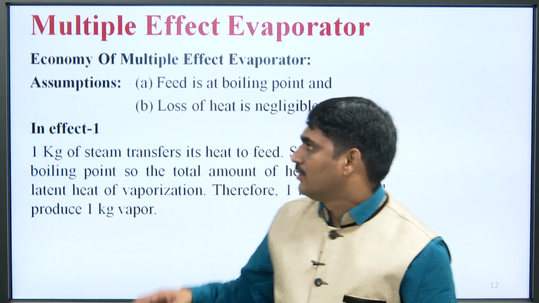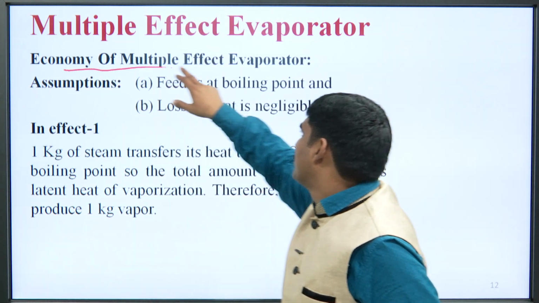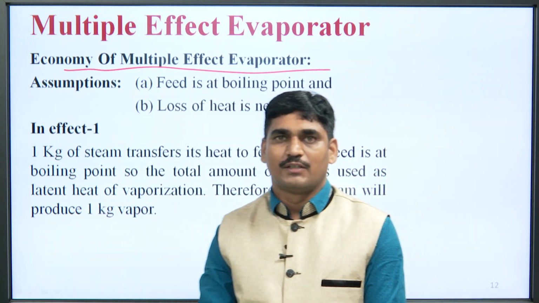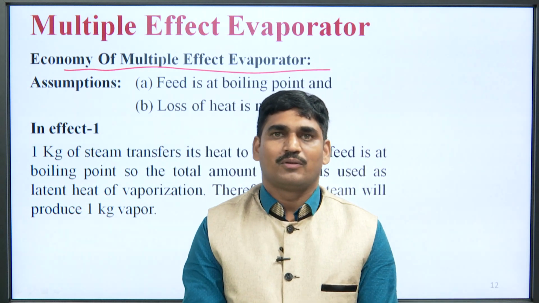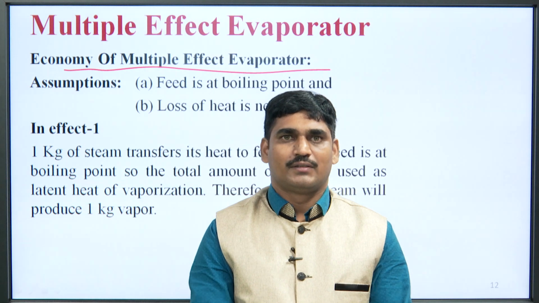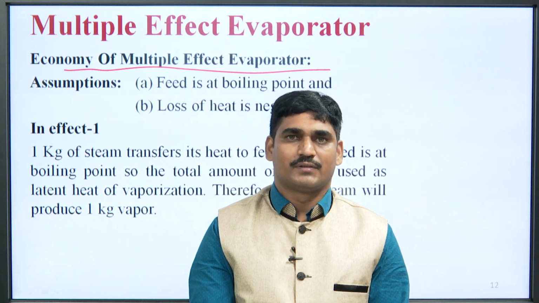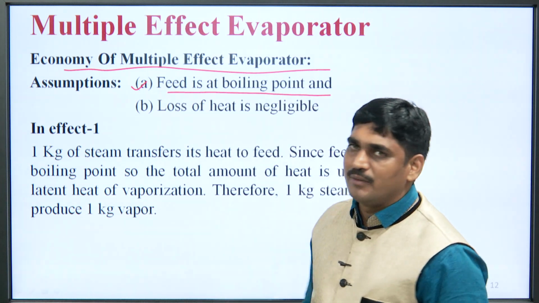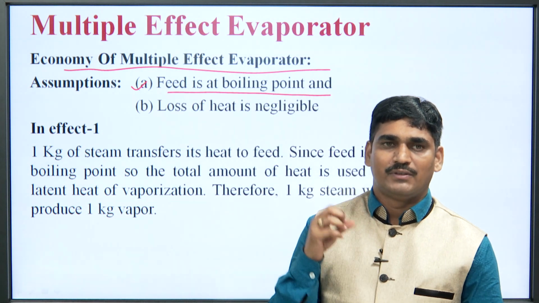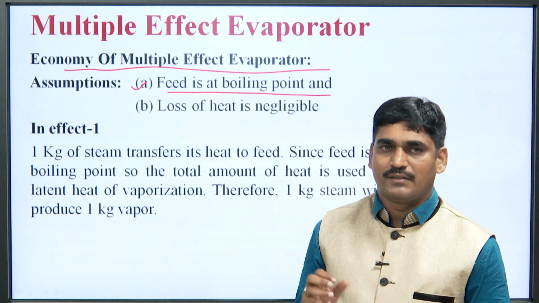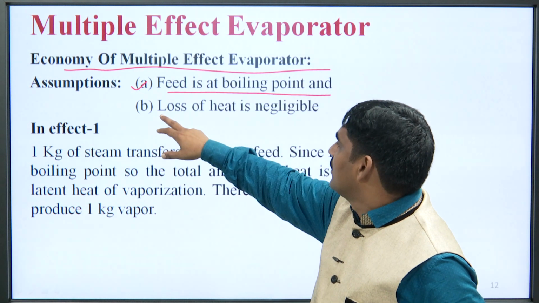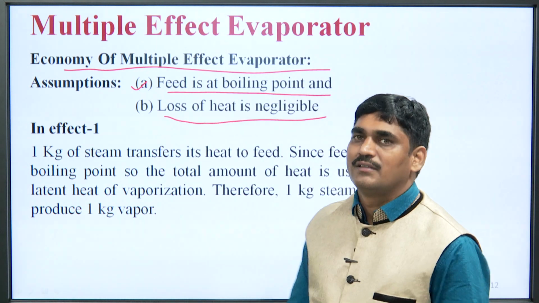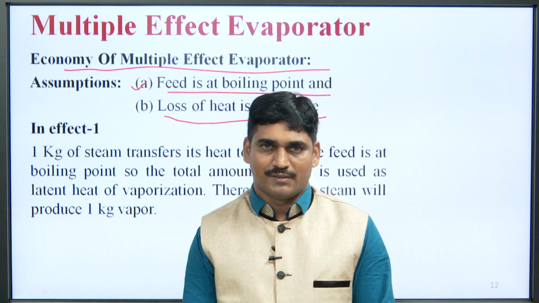Now, the economy of multiple effect evaporators. To calculate the economy of a multiple effect evaporator, there are some assumptions. The first assumption is that the feed is at boiling point. The feed which is introduced into the evaporator is at boiling point, and loss of heat is negligible in this case.